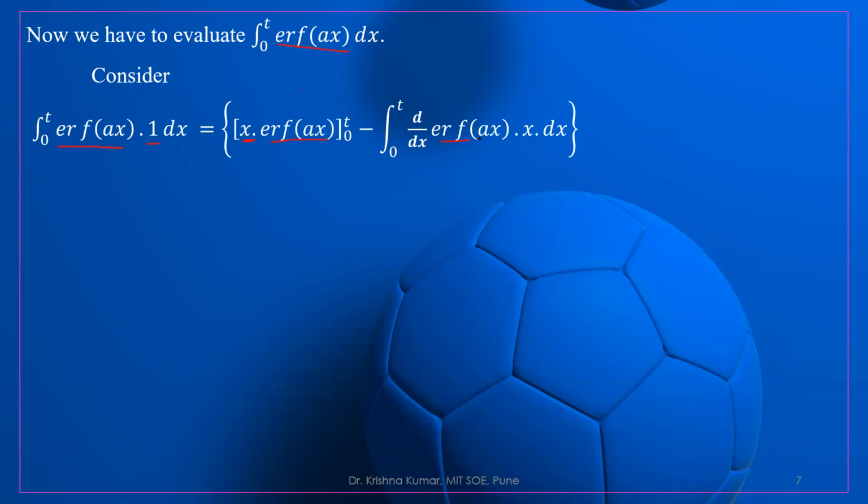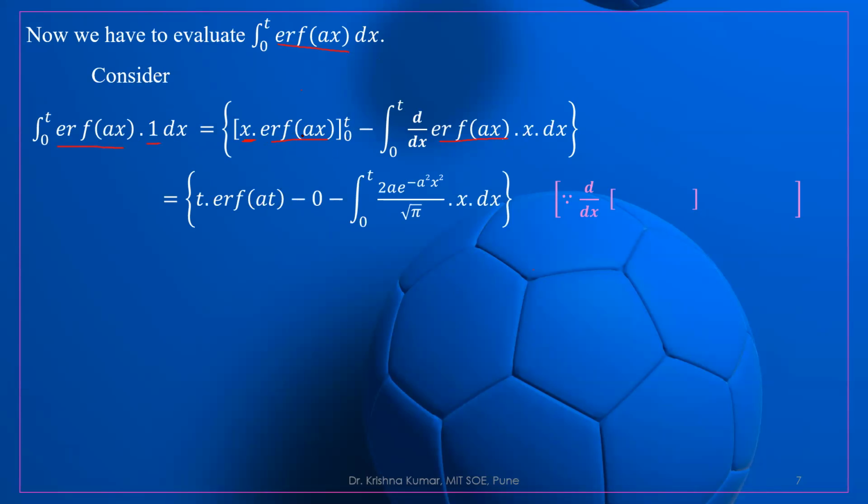Then the derivative of error function of x and integration of 1 is x dx. Correct? We are using integration by parts. So here, if we put the upper limit, x will become t. So t into error function of at, minus the lower limit. If you put x equal to 0, the lower limit is totally 0, and we know error function of 0 is 0. So the lower part is 0.